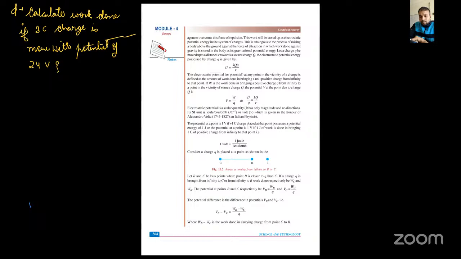Sir, I was there in the class when they taught me, but I didn't understand it. Okay, you didn't understand it. So did you understand the Coulomb force? I know what a coulomb is. Coulomb is the measure for charge, right?